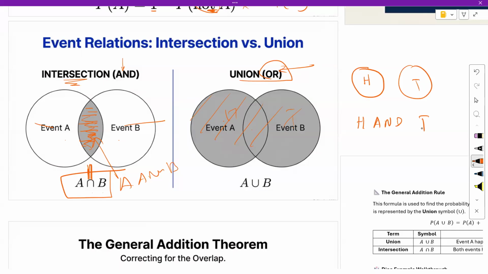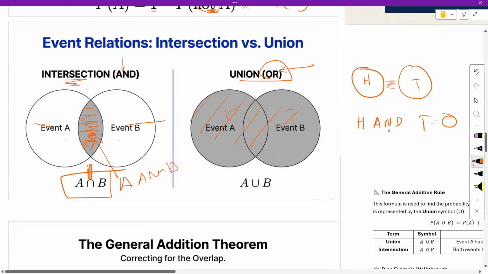Is it possible? No. That's why it is mutually exclusive, and this area is blank. The intersection is 0. No intersection, that's why the probability is 0.